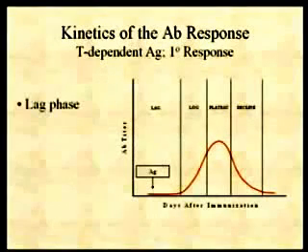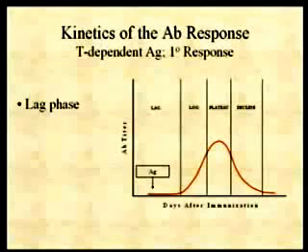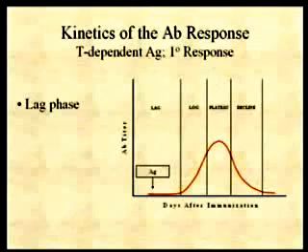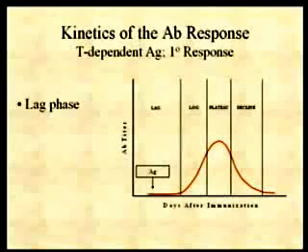What you see initially, and again, we're looking at antibody concentration, antibody titer, days after immunization. If we administer the antigen here, for a while we don't see any antibodies. It takes about a week to 10 days. For most antigens, that's the ballpark you're talking about. It varies a little bit from one antigen to another. Some antigens may take even several weeks before we mount an immune response.